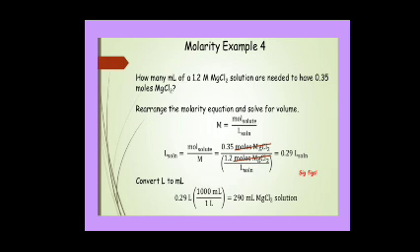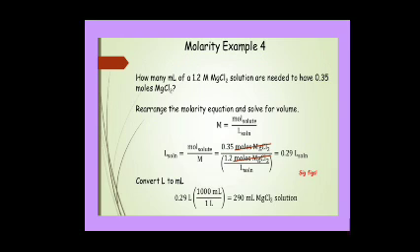Rearrange the molarity equation: molarity M is equal to number of moles by volume of solution in liters. So volume of solution V in liters is equal to number of moles by molarity of solution.